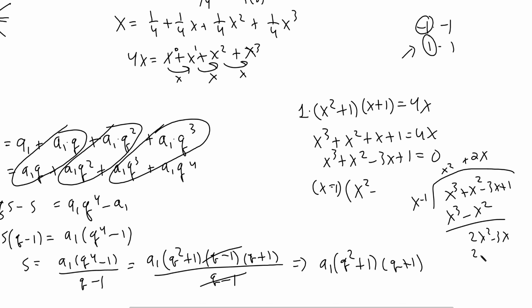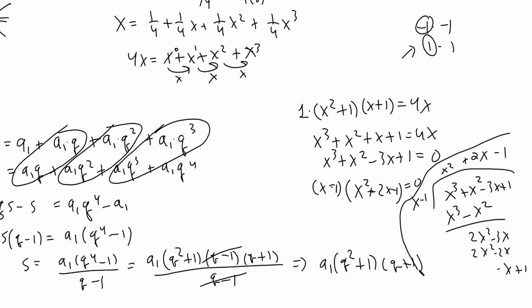So that becomes 2x squared minus 2x. And that becomes minus x plus 1, so just minus 1. So therefore, this becomes x squared plus 2x minus 1, which is equal to 0. Sorry for the messy handwriting here, but that's what our expression comes down to. So x can either equal 1 or something else.